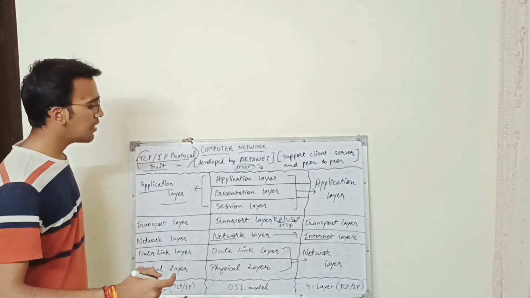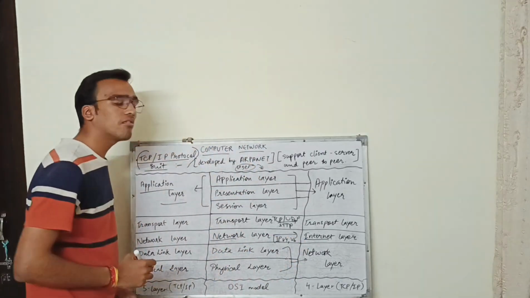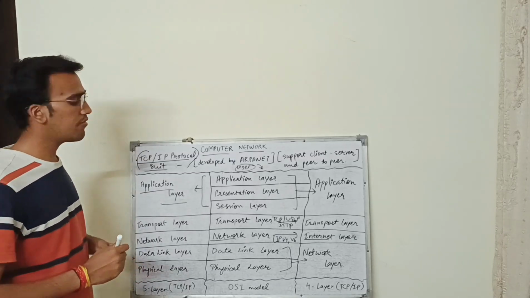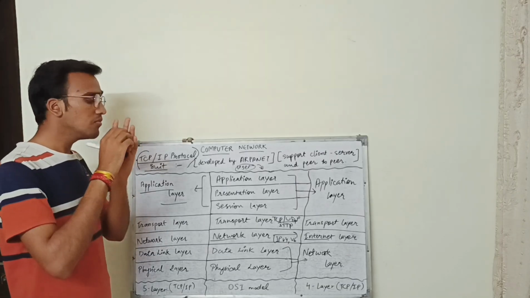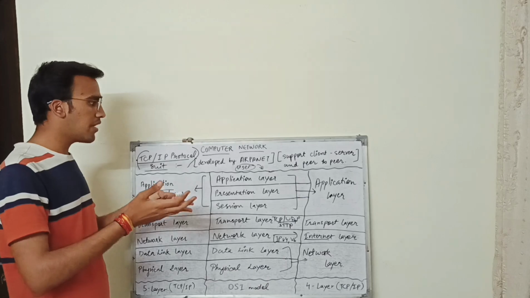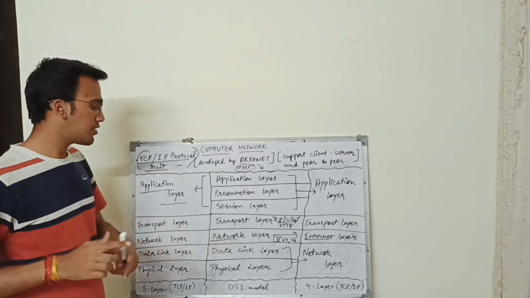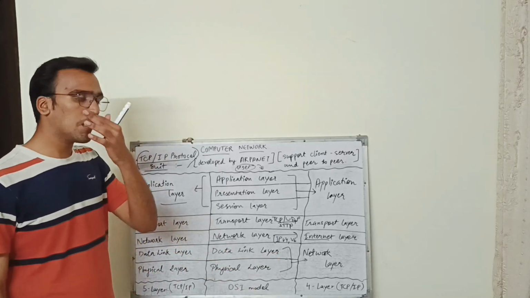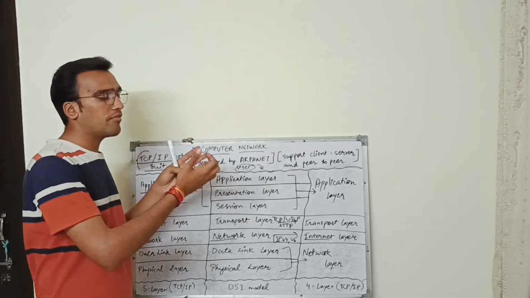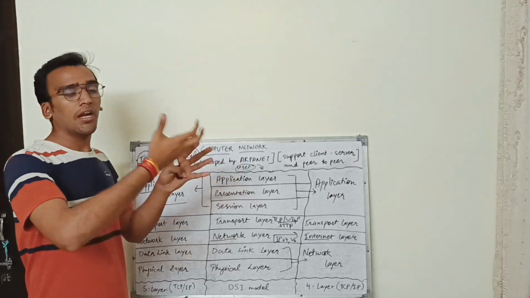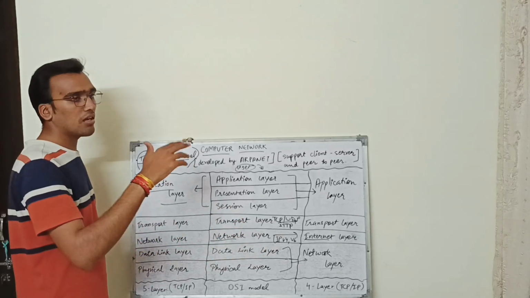In the network layer, IP is used, IPv4 or IPv6, Internet Protocol version 4 and version 6, for transmitting data from one place to another by giving an IP address to deliver the data to its destination. The data link layer links the data from a source to a destination.